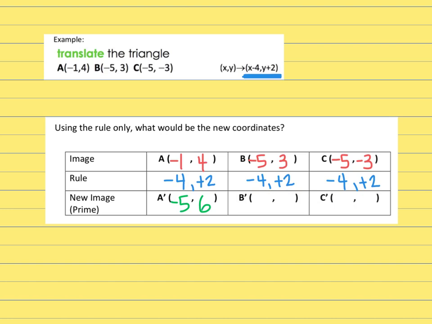Move over to coordinate B. It says -5. I'm going to follow the same rule. Go to the left 4. -5 and -4 make -9. And then for the y value, I still need to add 2. So 3 plus 2 is 5. Now we're on the last pair, -5 and go left 4. That's the same thing. So -9 again. And then -3 plus 2 makes -1. So that's how I can do the new coordinates when I don't even have the picture.